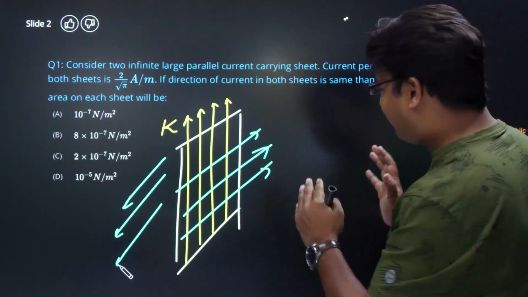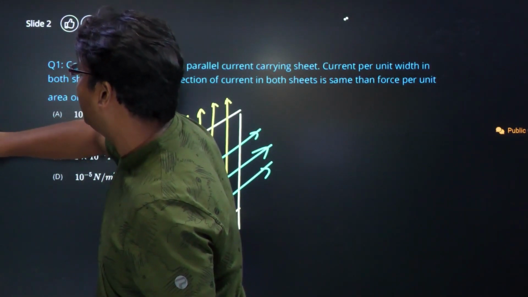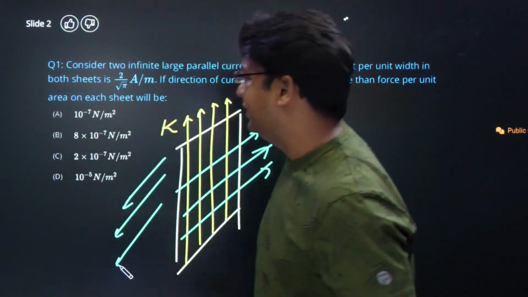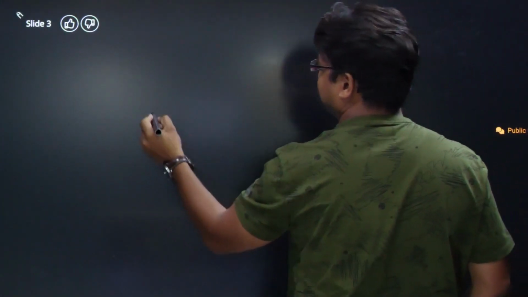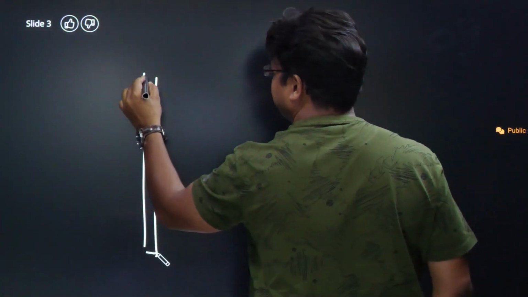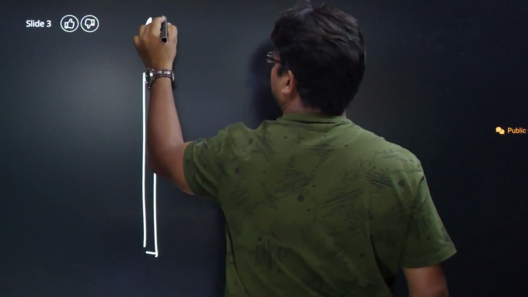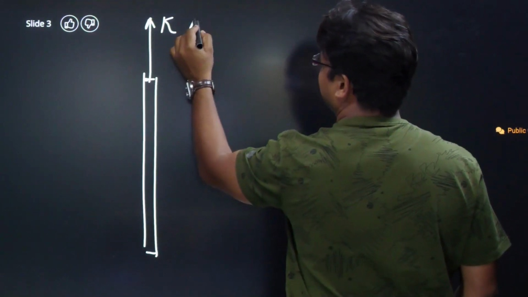So if we look from the side, the situation will appear to us like this, this is one sheet in which the current is flowing in the upward direction, and the value of current is K ampere per meter. The value of K is given to us.